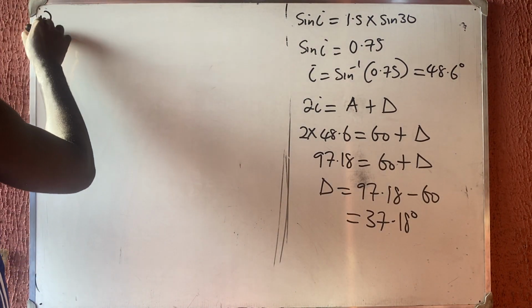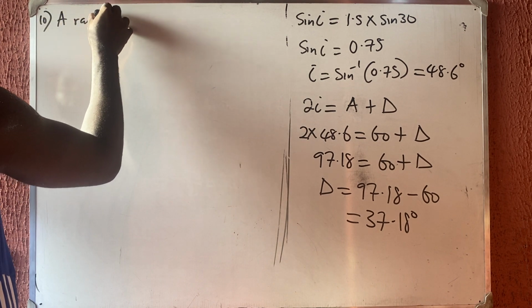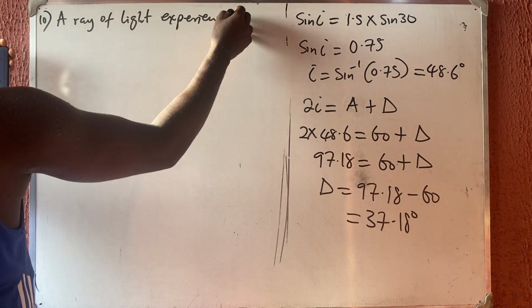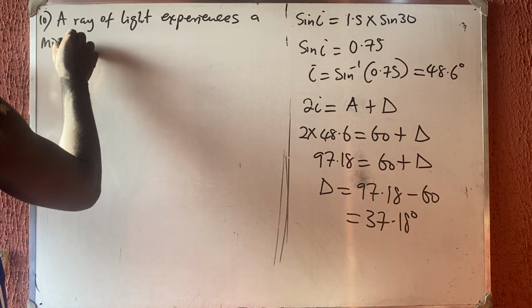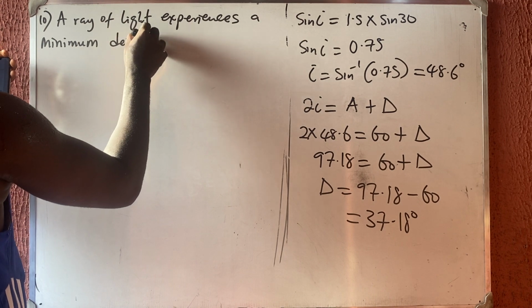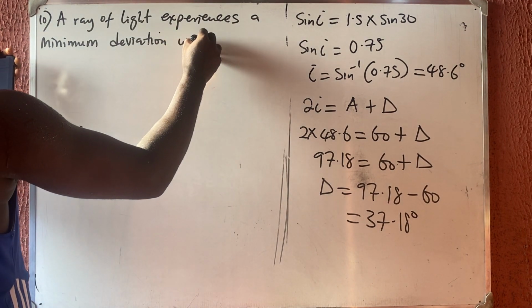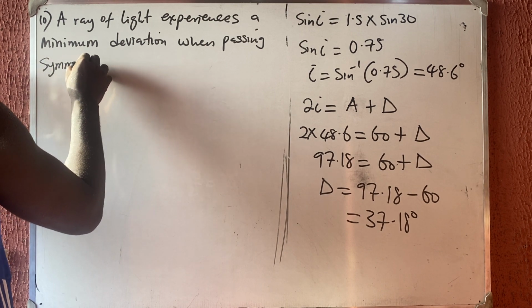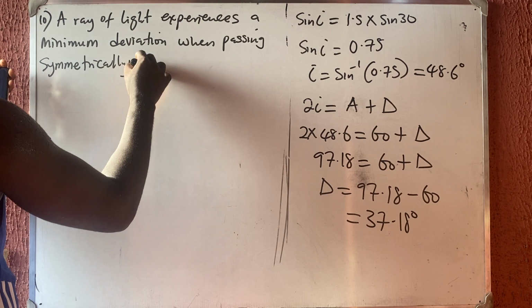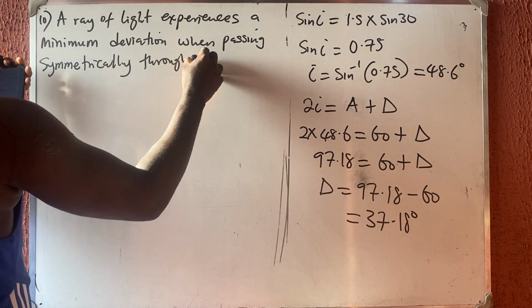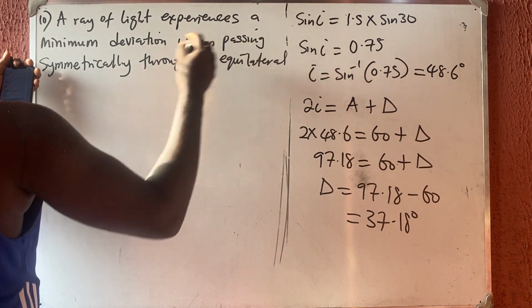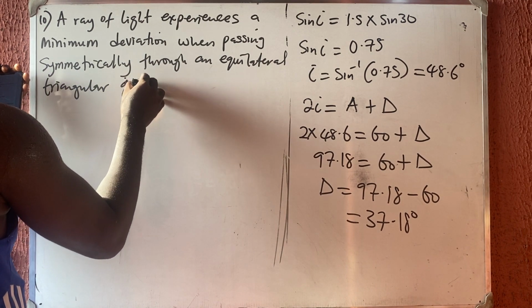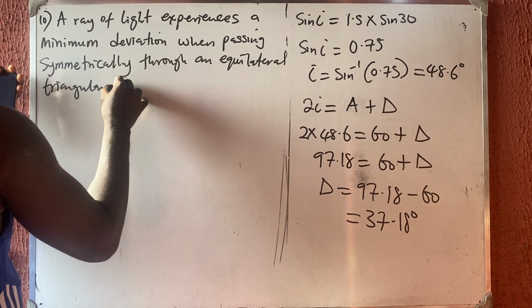Number 10 said a ray of light experiences a minimum deviation when passing symmetrically through an equilateral triangular glass prism.